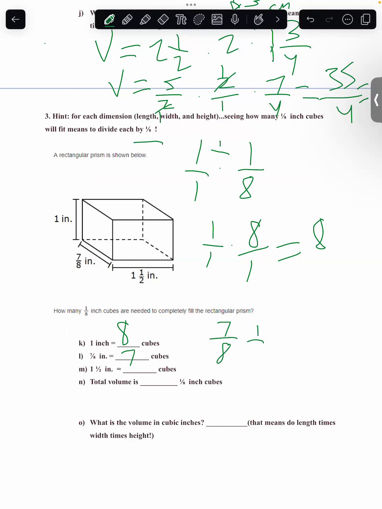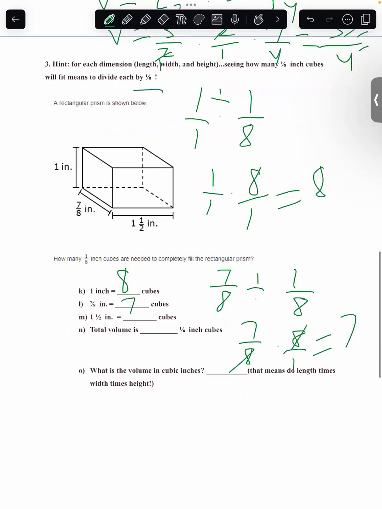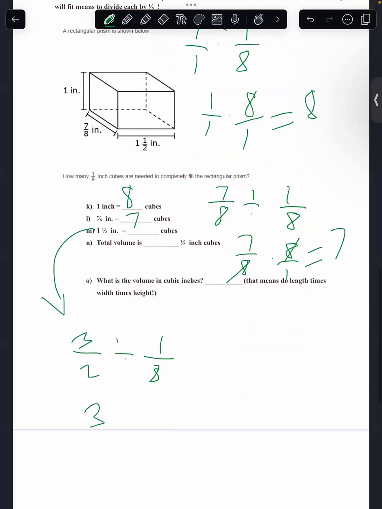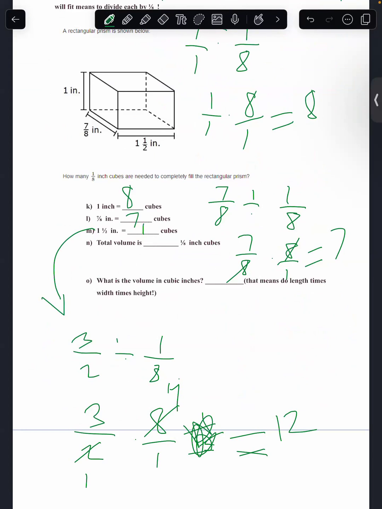So 7/8 divided by 8s, 7/8 times 8 over 1, is going to give us 7. And then 1 1/2, let's go ahead and make that 3 halves. We're going to divide that into 8s. So 3 halves times 8 over 1. 3 times 4 equals 12 over 1, or just 12. So 12 of the cubes.